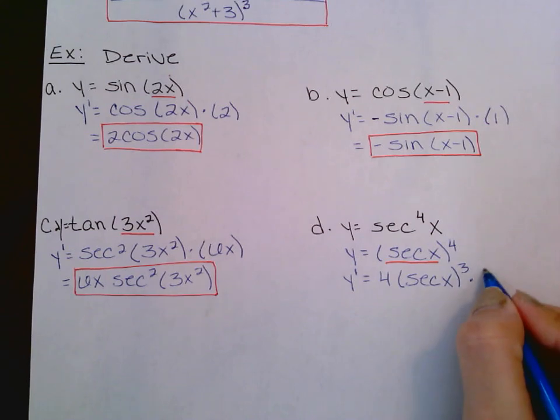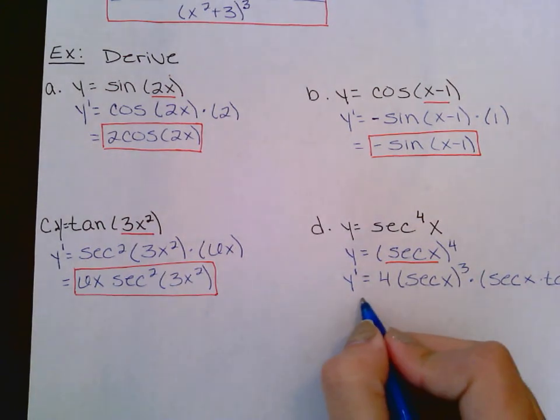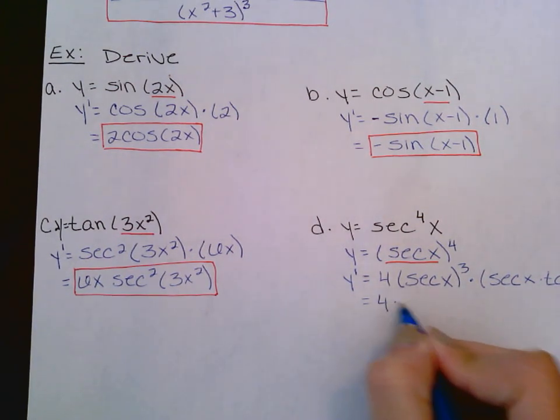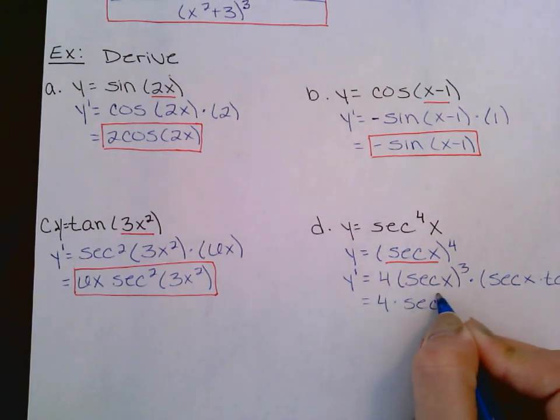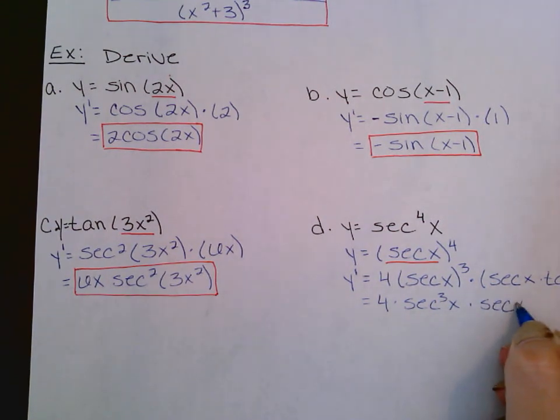Derivative of secant is secant tangent. Okay? Now, you could also see this as 4 times secant cubed times secant times tangent.